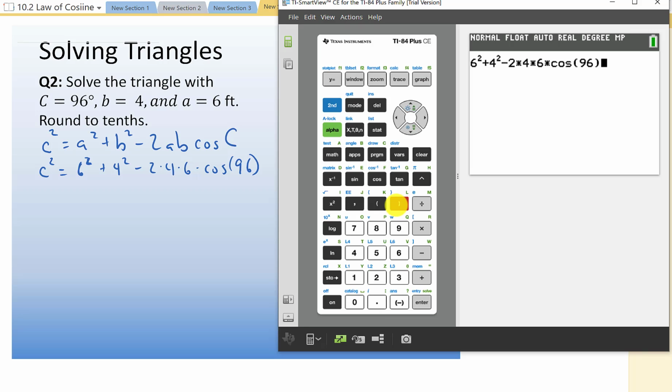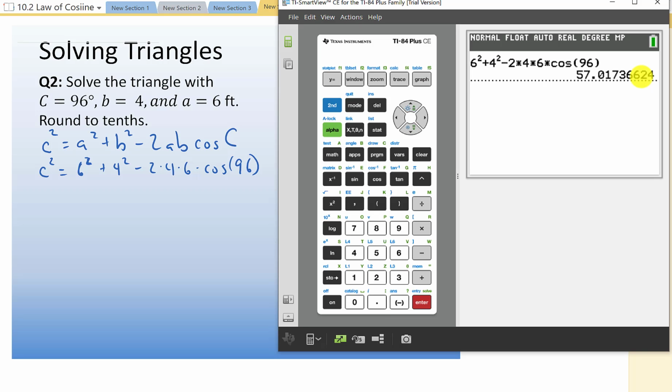Now I typed in a whole bunch. Is there a risk I typed in a number wrong, a sign wrong? Yes. The more I do in the calculator without showing steps, the higher the risk, because if this one statement has one thing punched in wrong, then that whole answer is wrong.